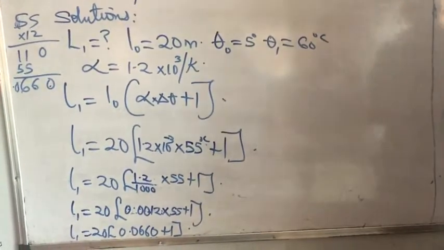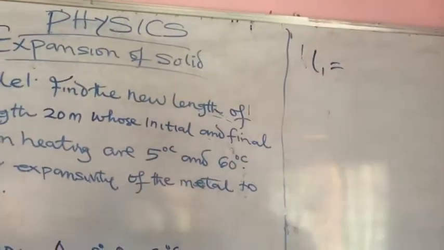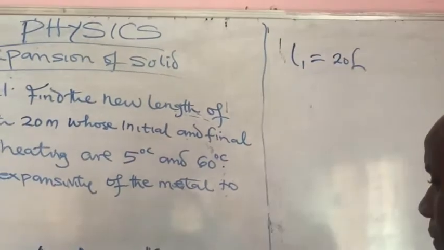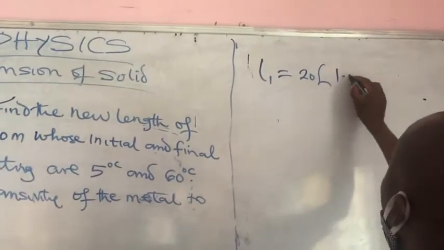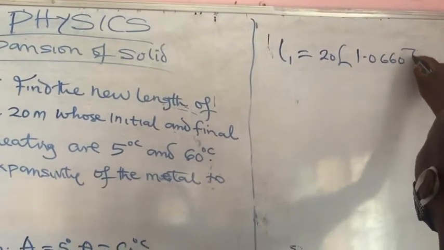And then we have L1 equals 20 bracket open 1.0660.